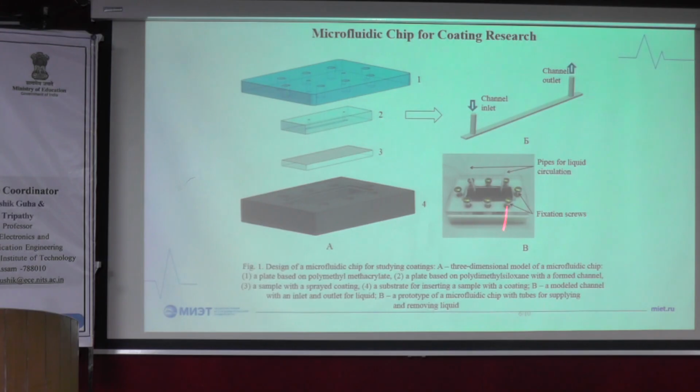So the microfluidic chip, in comparison with conventional methods, has a much easier control of the shear stress within this microfluid channel, and basically we can change the substrate or we can just extract this substrate and observe what kind of processes took place in there.